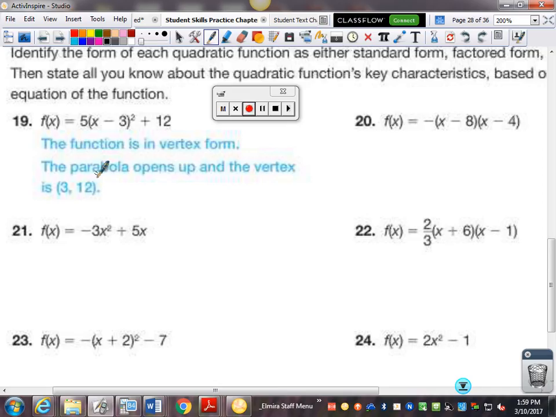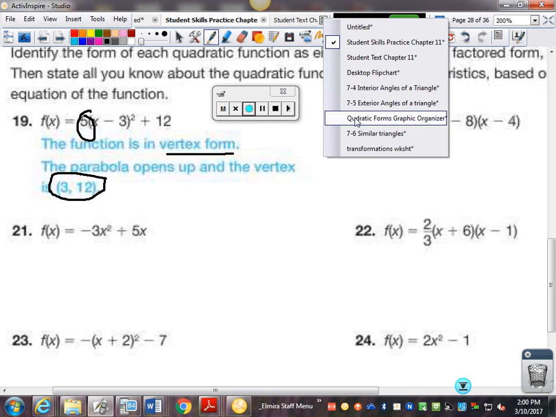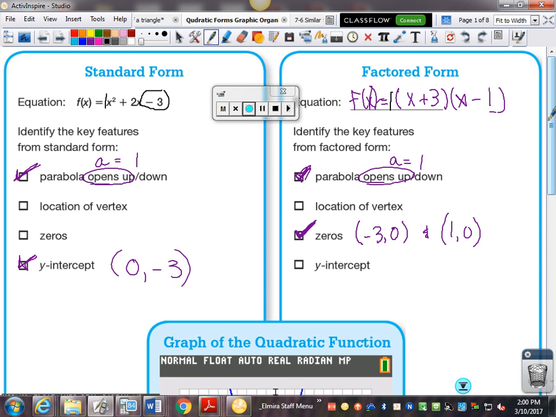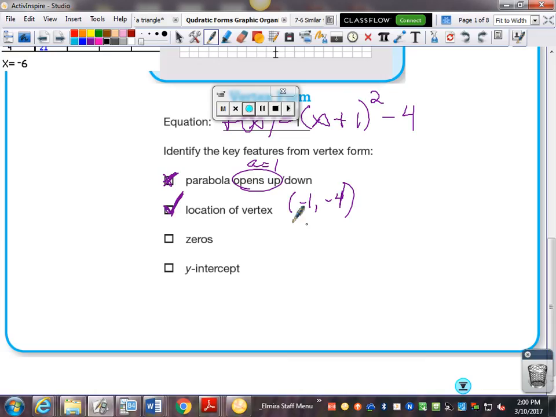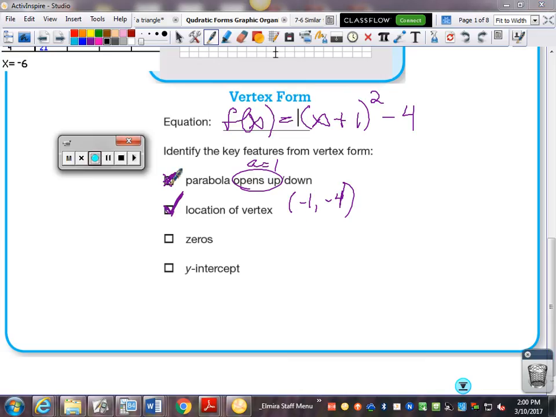So if I were doing number 19, you can see it is vertex form. In vertex form, I can tell that it opens up because of the +5, and I can tell the vertex. If I wasn't sure what I would be able to tell from vertex form, I could look at my graphic organizer and ask, what does vertex form tell me? It tells me opening up or down. It tells me the location of the vertex.